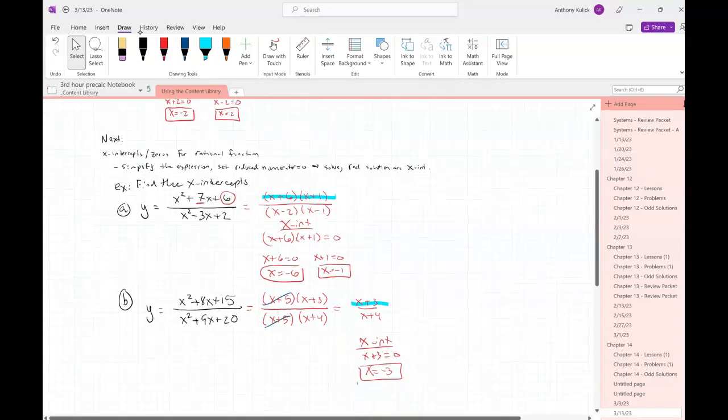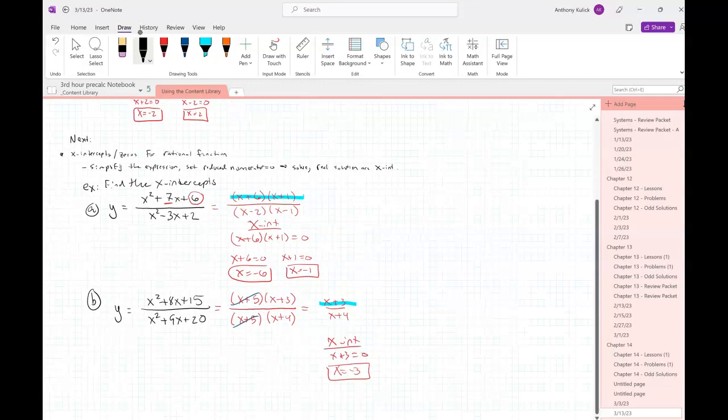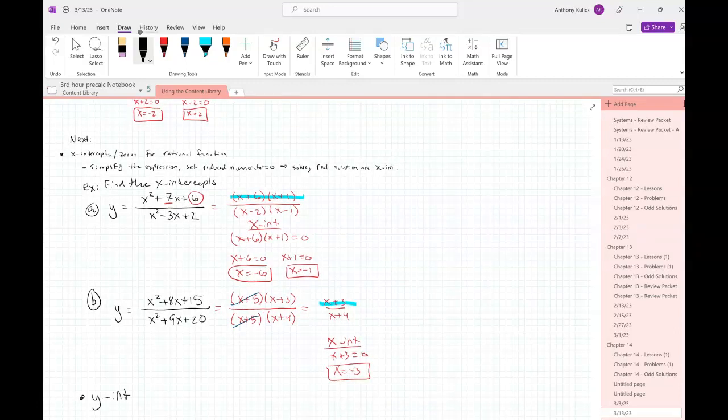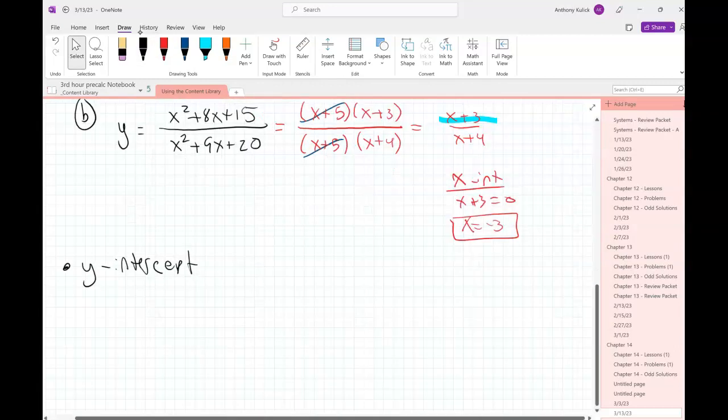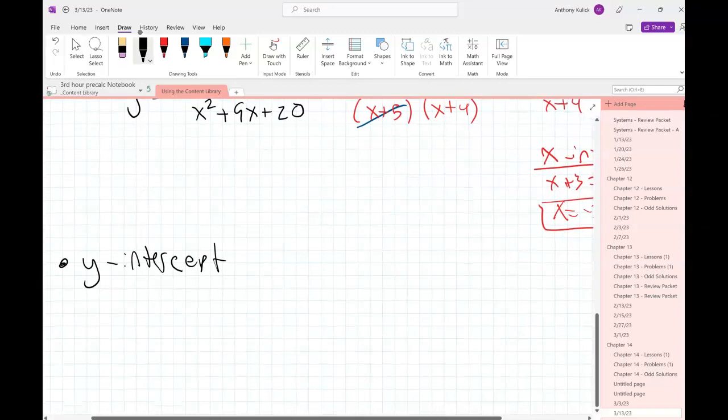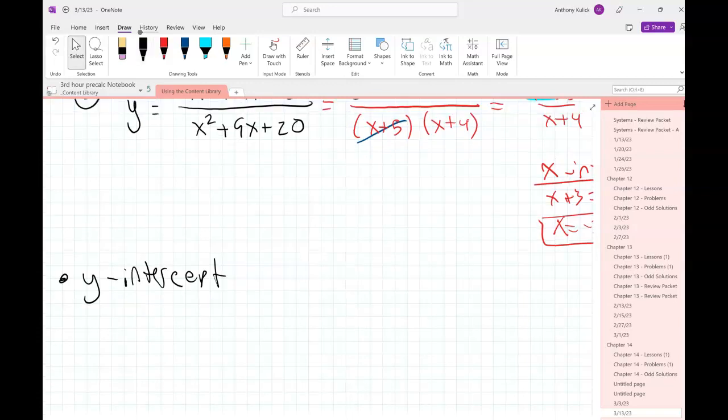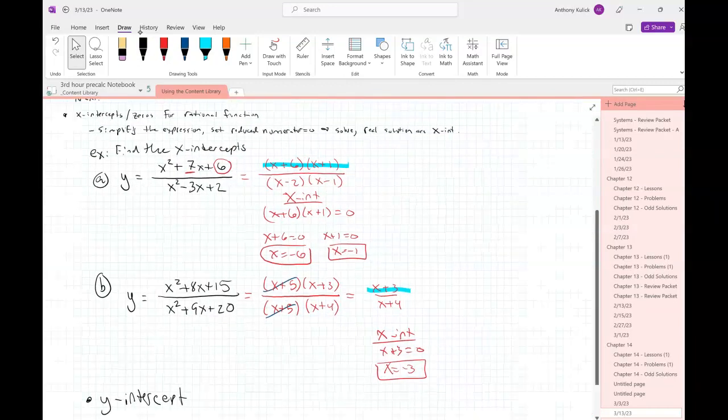Next attribute we're going to look at is going to be the y-intercept then. Oh, worth pointing out, before we start this, are we always going to have x-intercepts?